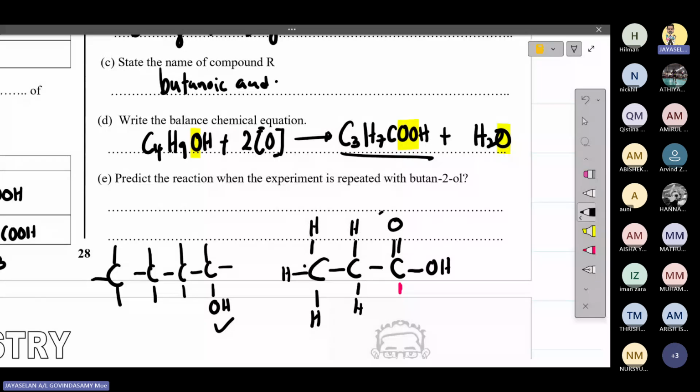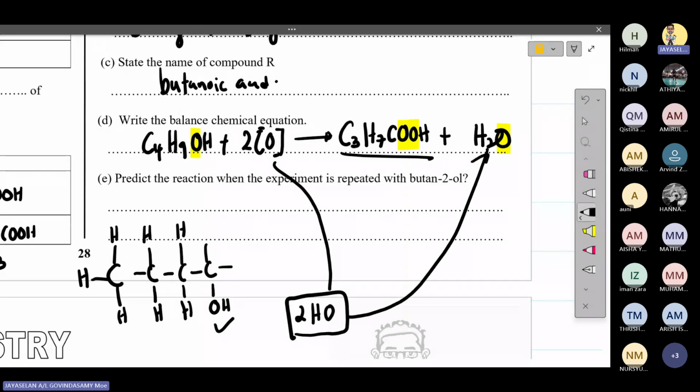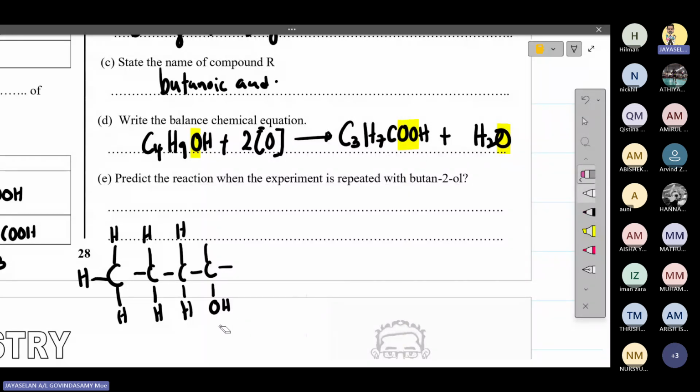What happens during oxidation? I show you. I draw this. The acidified potassium manganate(VII) acts on this alcohol. These 2H will break off, and with 1 O joined, you already get H2O. After you get the H2O, the bonding will move.